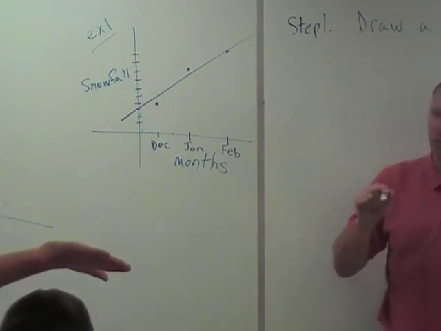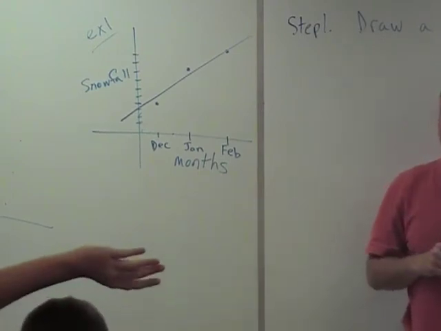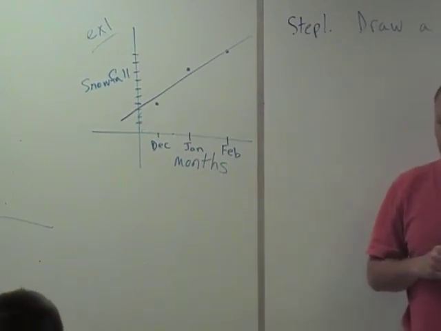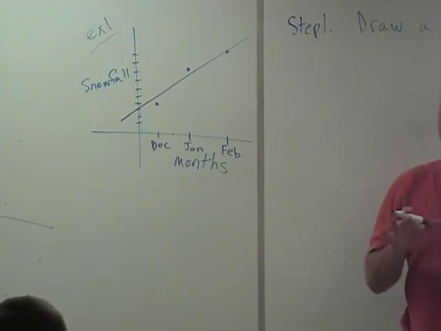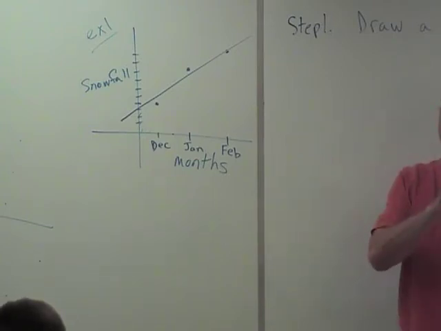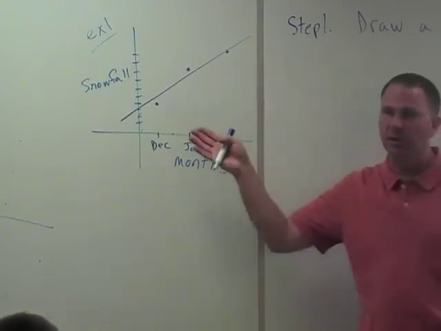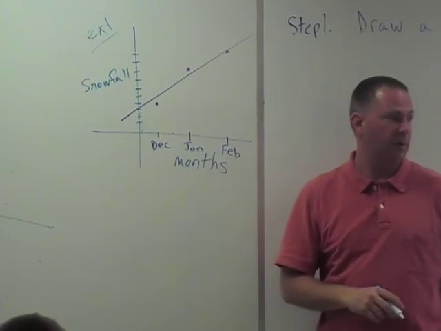You draw the line where you think that it represents that information. Would it be okay to draw a line between the first one and the last one? The rule is draw the line that represents the data. If you're purposefully picking out points, you're not really doing what you should be doing. Take a ruler, put it on there, and draw it where you think it is.